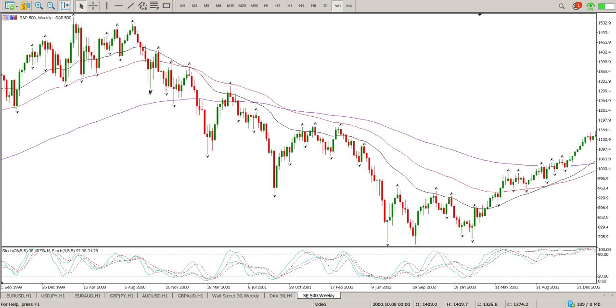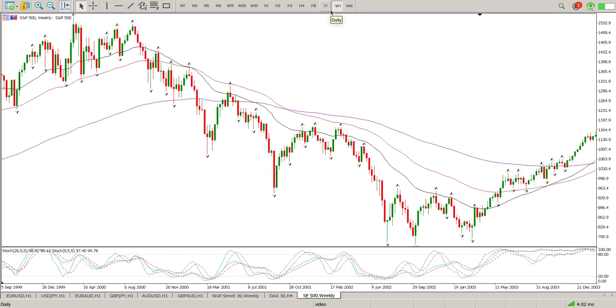If you don't have a fractal indicator, I suggest you find a charting platform that does give you the fractal indicator. It's kind of difficult to calculate them every time. You learn to eyeball them, but it's much easier to have an indicator on your chart that says this is a fractal level, and that is pretty much what we look for. Okay, so to run through this, I am using the S&P 500 on a weekly time frame.